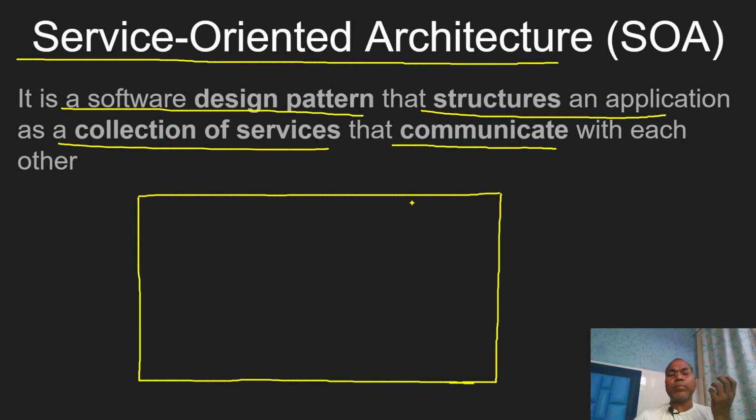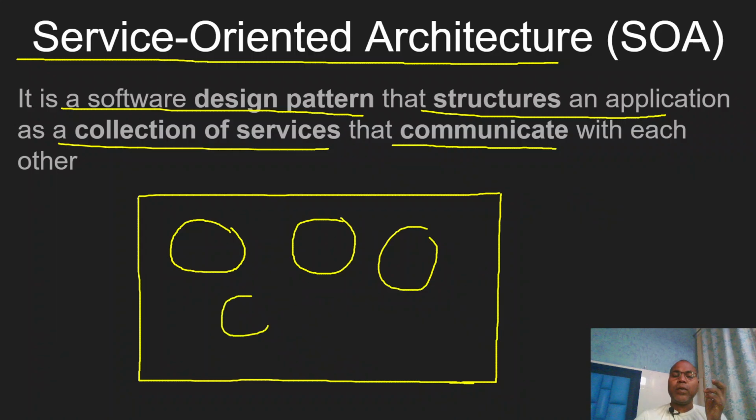Here the objective of service oriented architecture is that, whatever the customer requirement, you build separate services, and these services communicate with each other to meet the customer or business requirement.